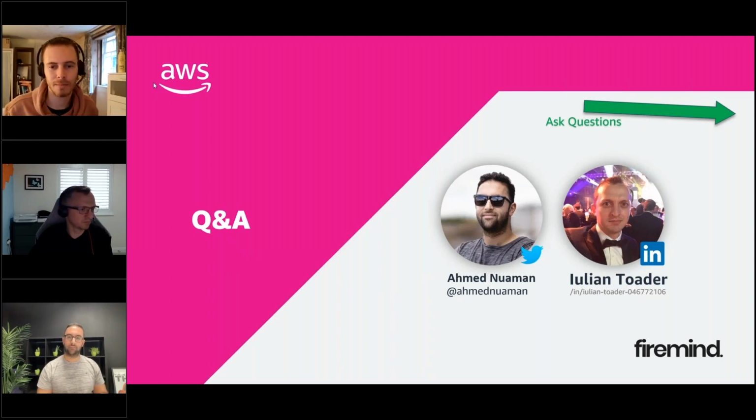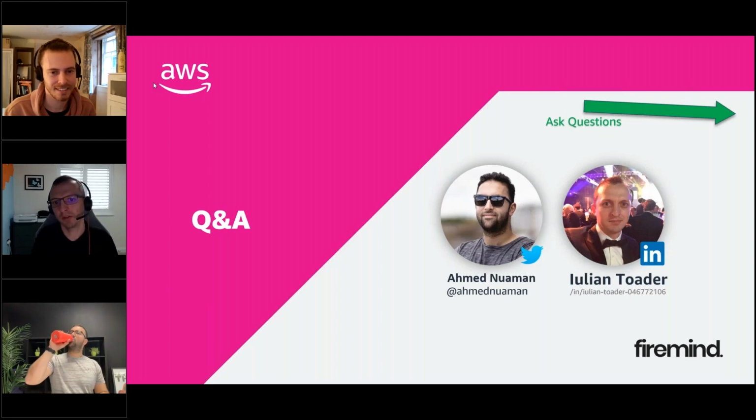Awesome. One of the questions that I also have is, why go with ECS and not just go straight to EKS? Maybe that's something for Iulian, if you can. Yeah, so I think it very much depends on your in-house skills, on your engineering team.